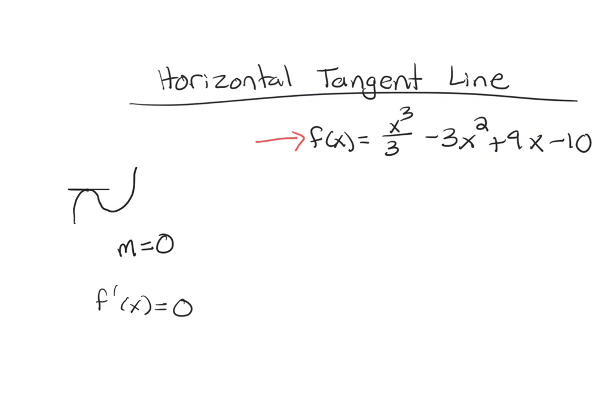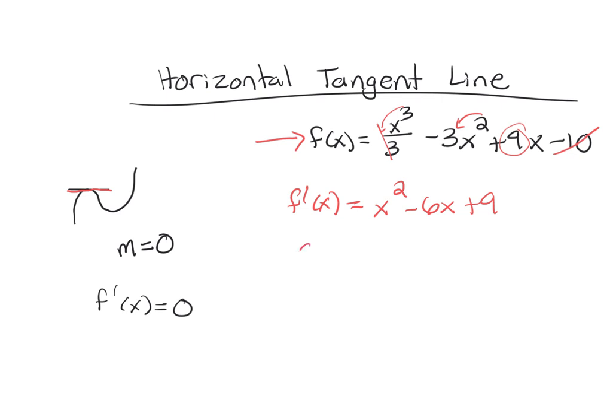What x value would create a horizontal tangent line? Well, first take the derivative of f of x. If I bring down the 3 and then divide by 3, it'll cancel, so I'm left with x squared. Bring down and multiply, minus 6x plus 9, and that crosses off.